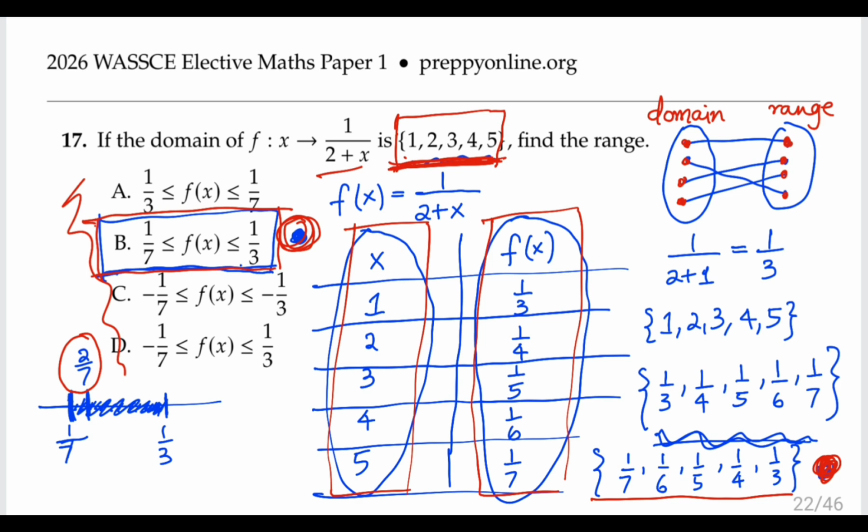B is not correct because this range is an interval, like you have on the number line, that says that the range is every number between 1 over 7 and 1 over 3. But I just gave an example of a number, 2 over 7. 2 over 7 is in that interval, and yet no number in the domain is going to take you to 2 over 7.